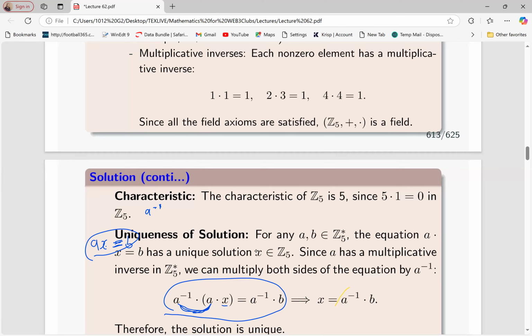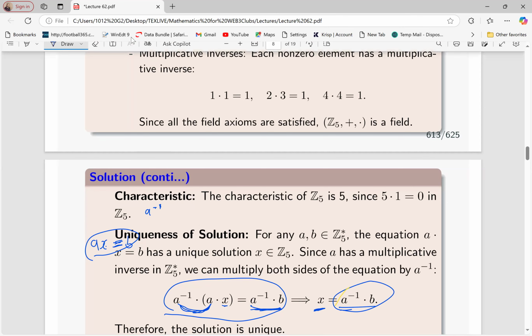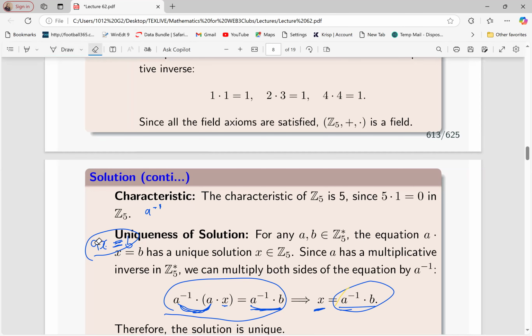So that gives you X on the left side, and on the right side, you remain with what you have. So you'll have shown that X has only one value. And of course, you obtain that one value.